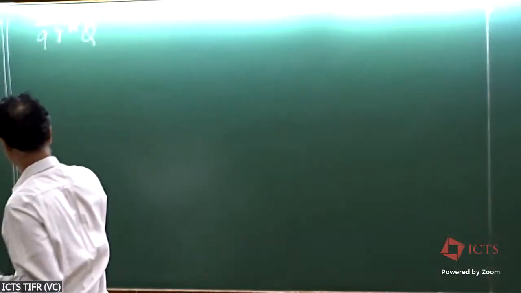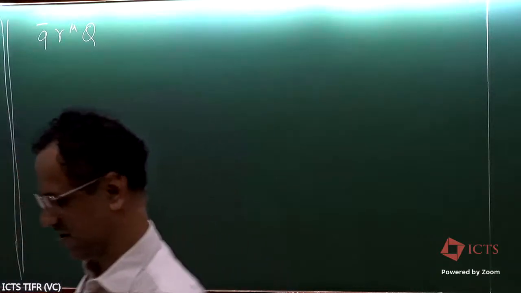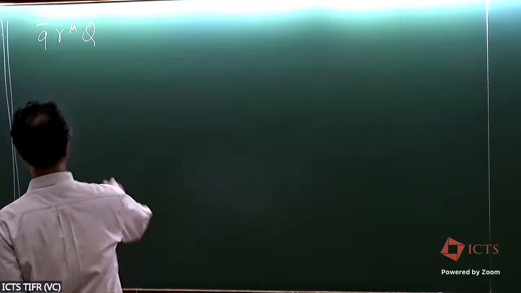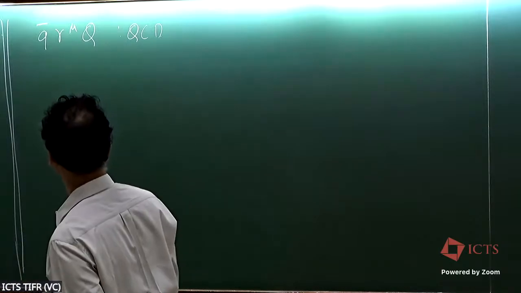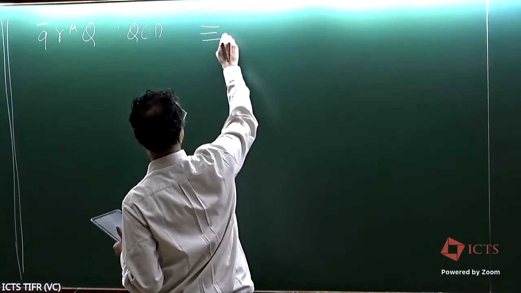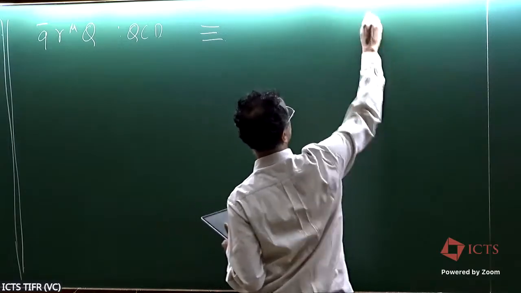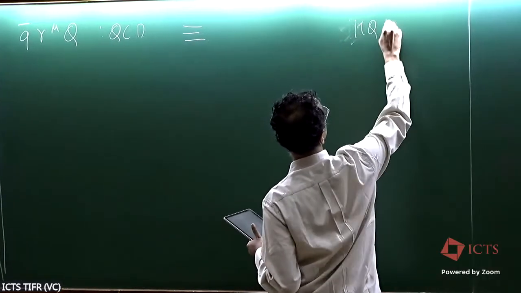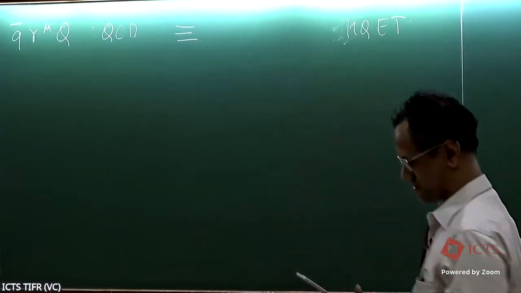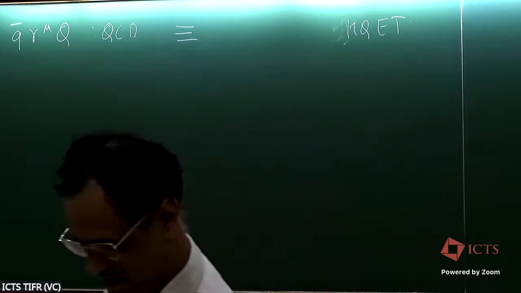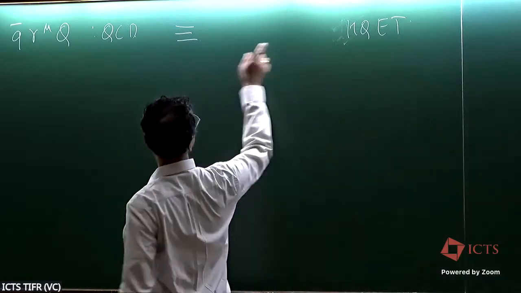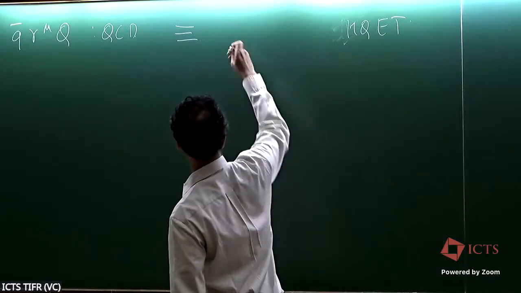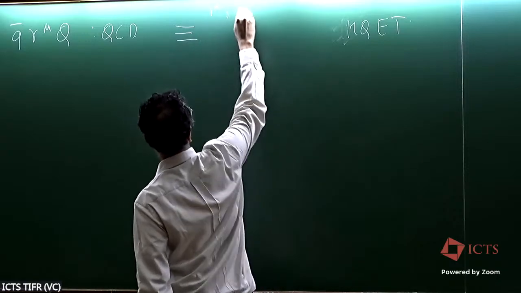Let's take a specific current example, Q bar gamma Q. Okay, so this is the operator in QCD. And now I have to match this to some operators. Now there are two vectors that can come in HQET, basically gamma mu and V mu.